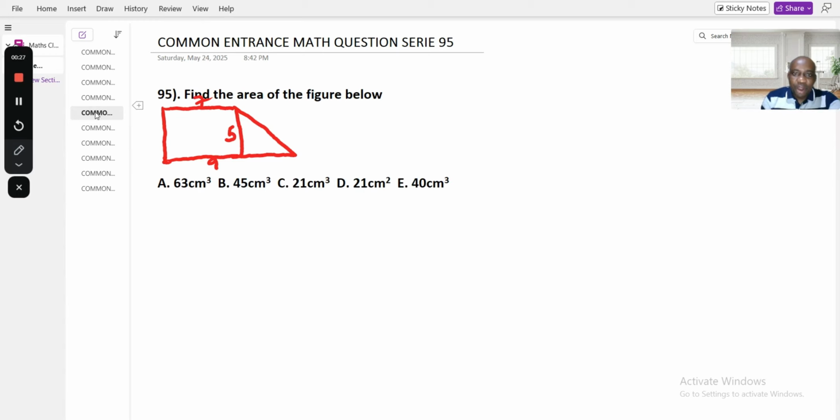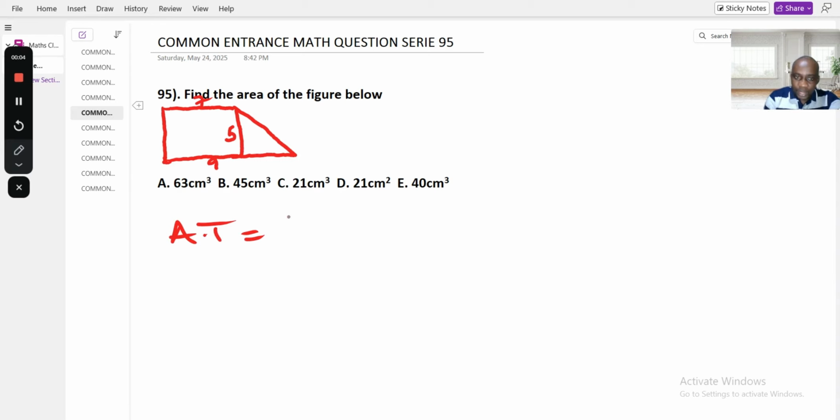Find the area of the figure below. What is this area? This is the area of a trapezium. The area of a trapezium is, let me write it, because this shape is a trapezium, we have base 1 and base 2.